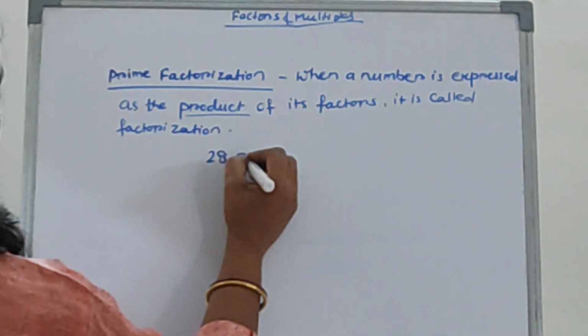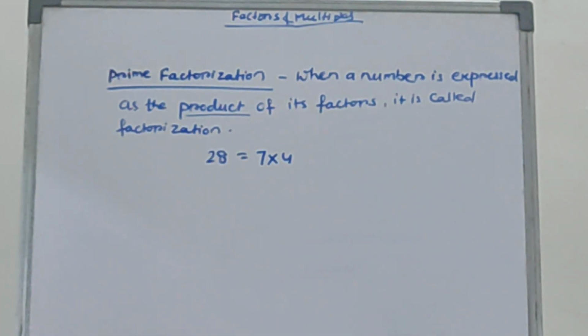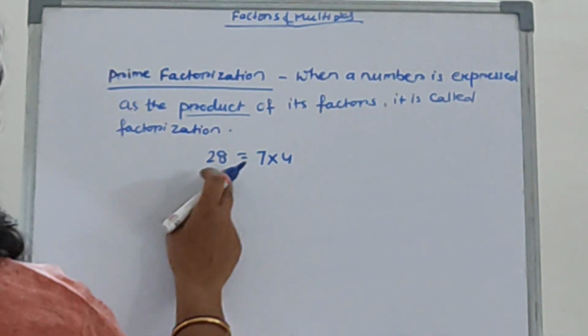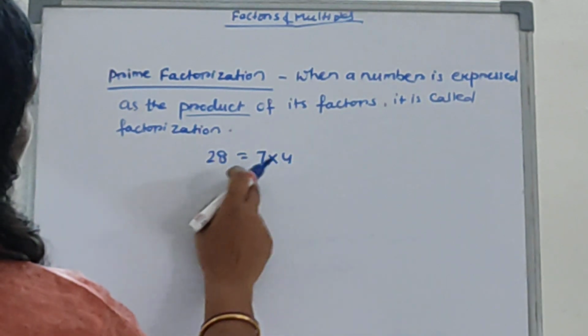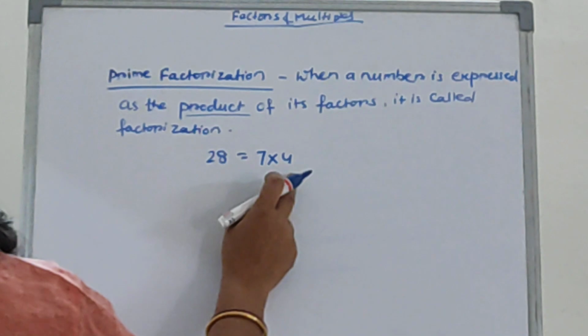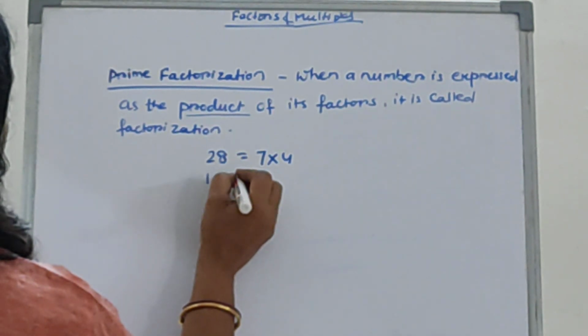So here what we will do? 7 times 4 is 28. The number is the product of these two factors. So this is called factorization. Got it?